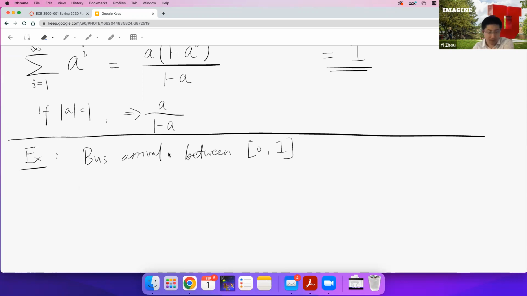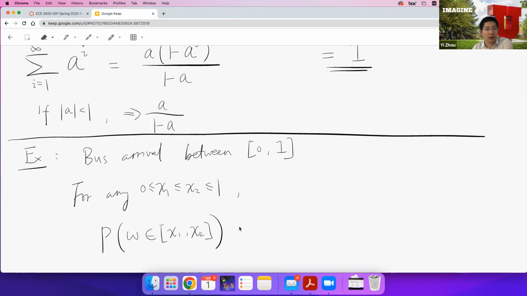So for any two time indexes x1 and x2 between 0 and 1, the probability that the bus arrival is between x1 and x2 is simply the length of this interval. This is very intuitive.